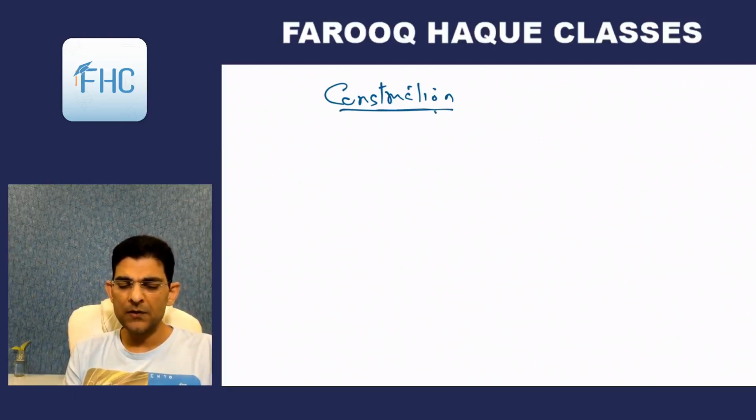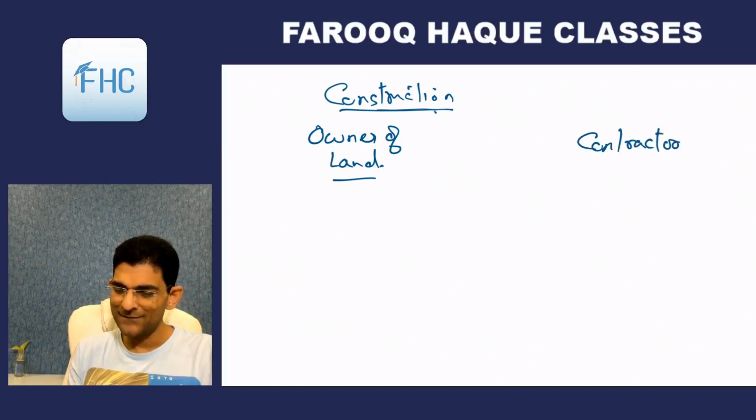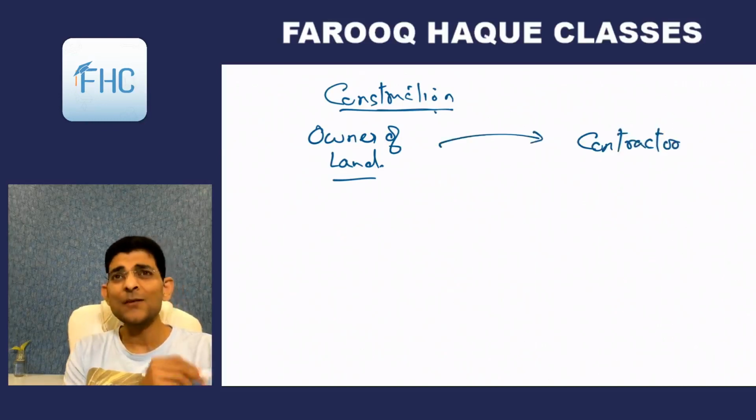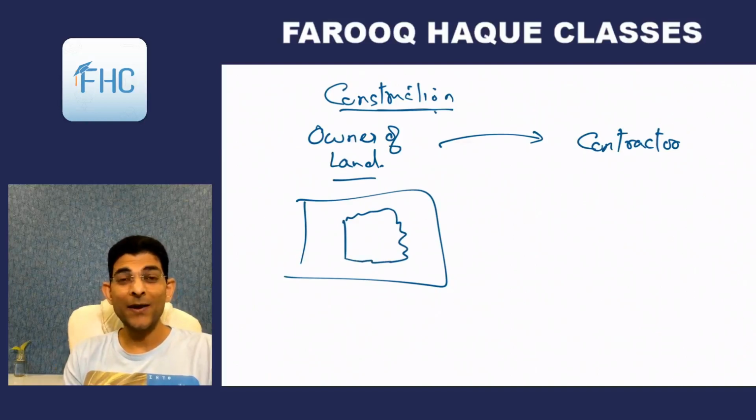One is that there is an owner of land. He comes to a construction contractor and says that, look, I have a land, this is my land, and I want to construct a beautiful house on it where myself, my wife and kids will stay.